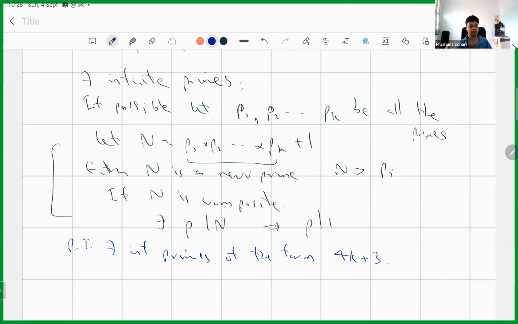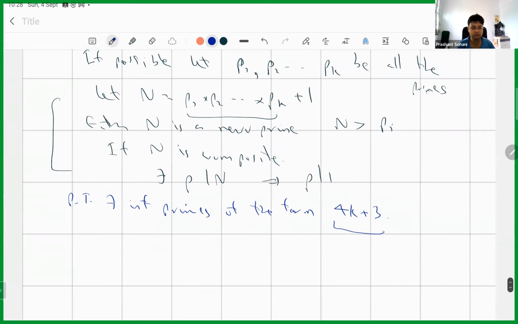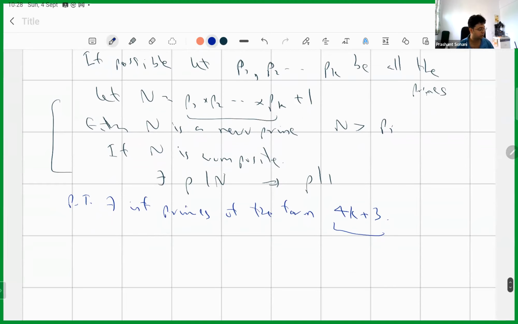So this is a slightly modified exercise, that not only are there infinitely many primes, but this 4k plus 3, which is an arithmetic progression, also has infinitely many primes. And I think we know enough theory to do this problem. And similarly, a few other problems, for example, 6k plus 5 also has infinitely many primes.